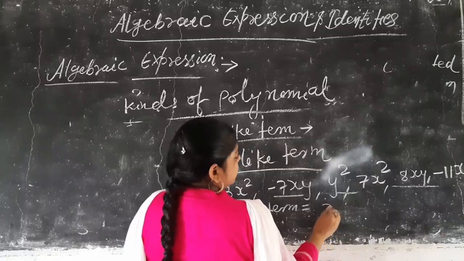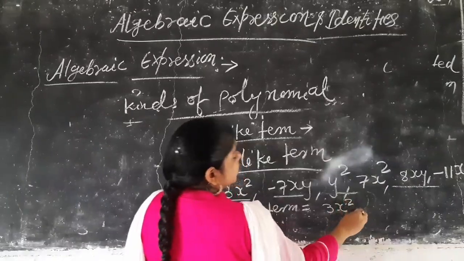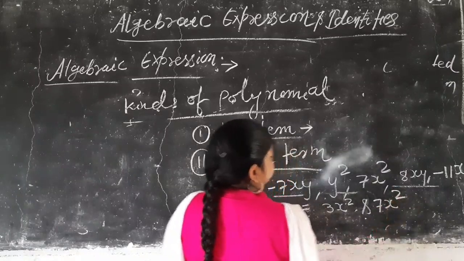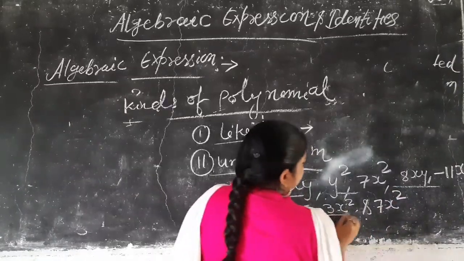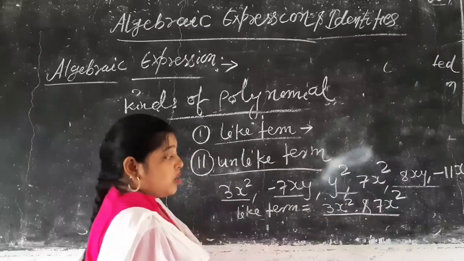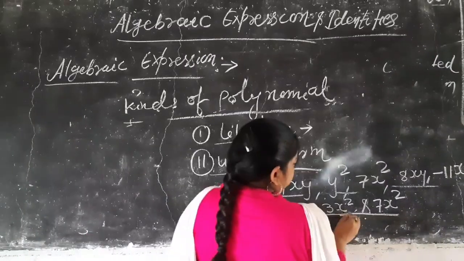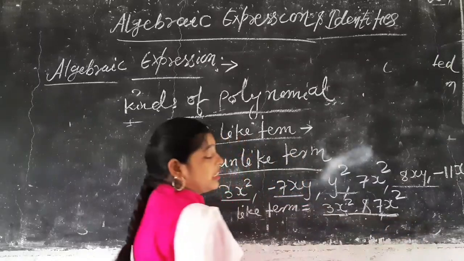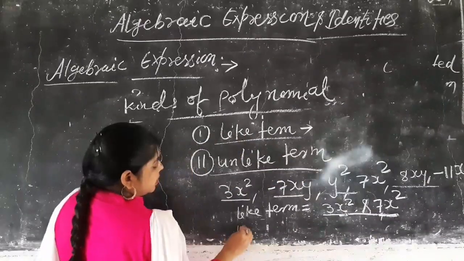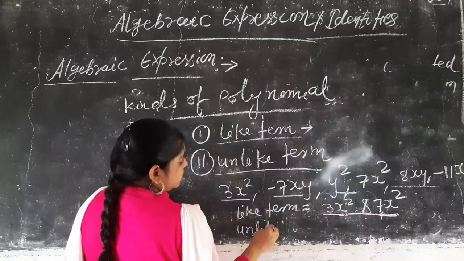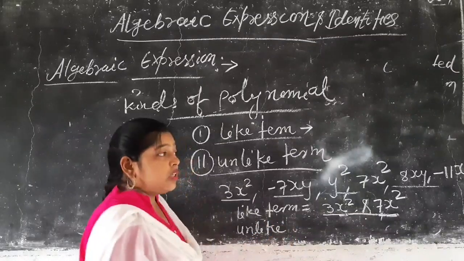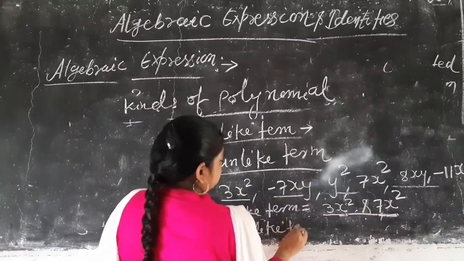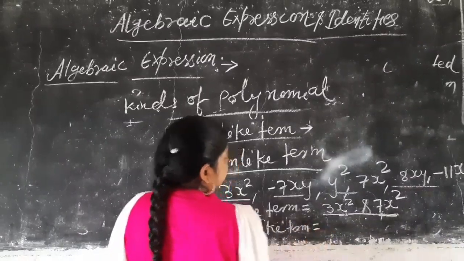For example, 3x square and 7x square are both like terms. Why? Because the literal factors of both are the same. Unlike terms are two terms whose literal factors are not the same.